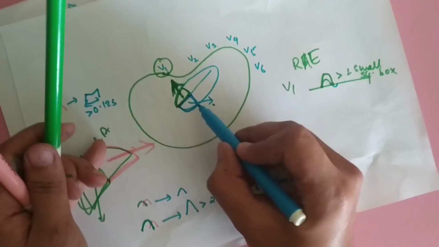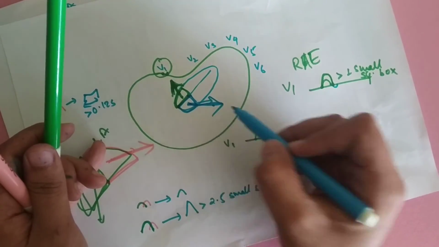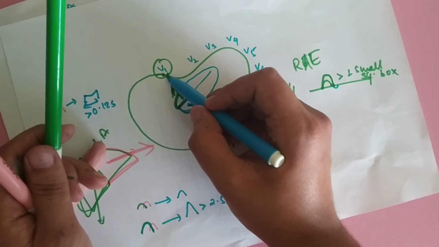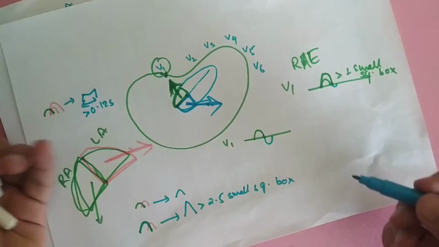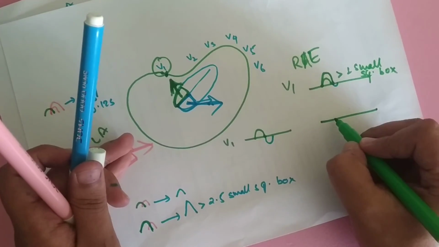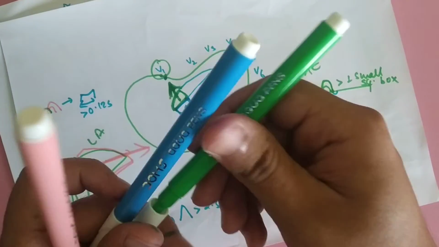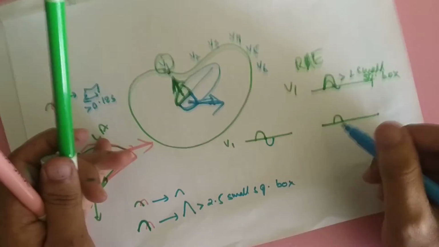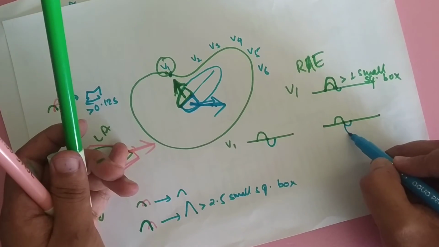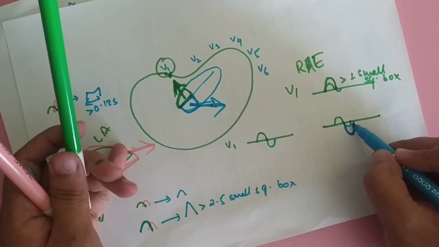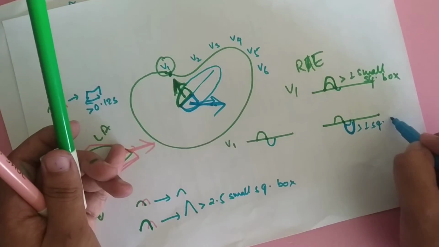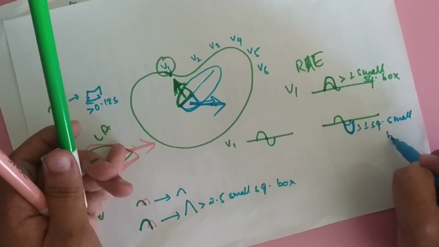When this left atrium enlarges, this vector will be greater in magnitude and it will have a negative deflection because it is opposite to V1. In the normal case, the deflection was like this in V1. However, when left atrial enlargement is there, this vector will be increased, and again it will be greater than 1 small square box.